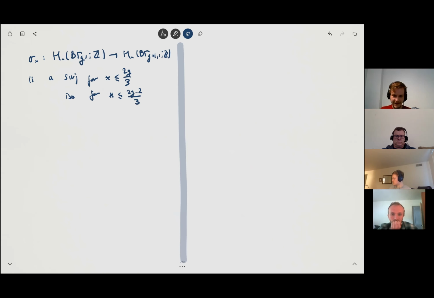As you might have realized, 2/3 is not of the form 1/k. So this homological stability result, at least with this range, can't be deduced from the general result we talked about last time. The best that it can do is a slope 1/2 result.